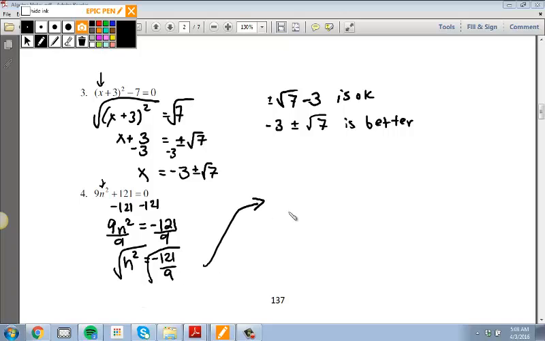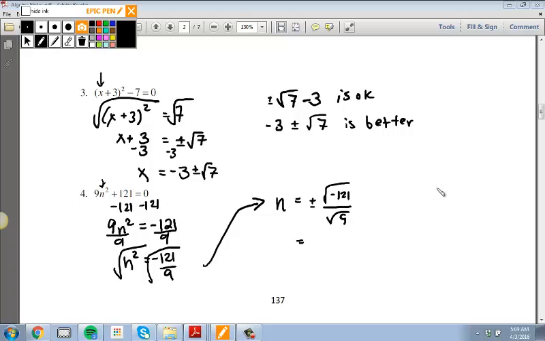Now, I haven't had a negative number under the square root before. Remember that, please. But I have n is equal to plus or minus the square root of negative 121 over square root of 9.